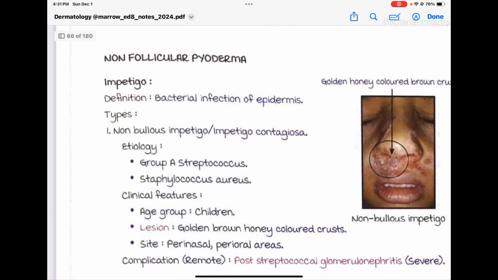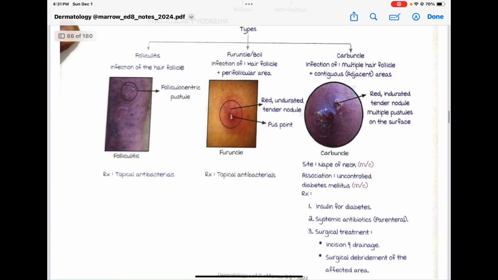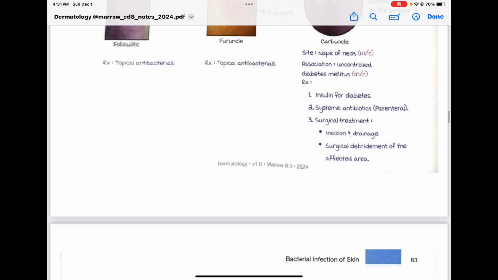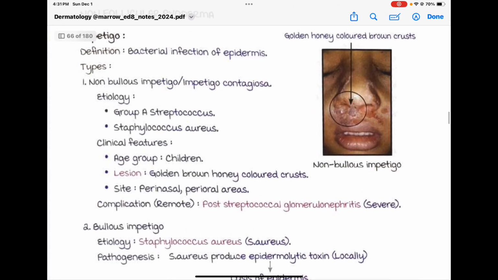We made a diagnosis of impetigo in that case because follicles were not involved. So it was not exactly a carbuncle, but more of an impetigo picture. But the treatment almost remains the same.